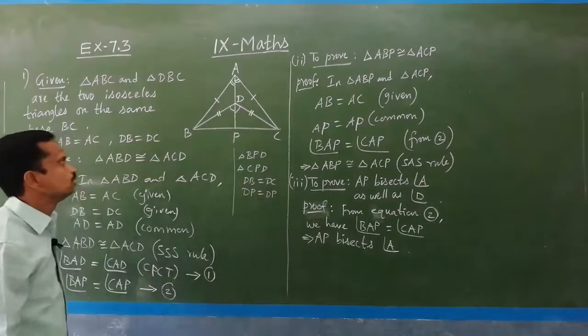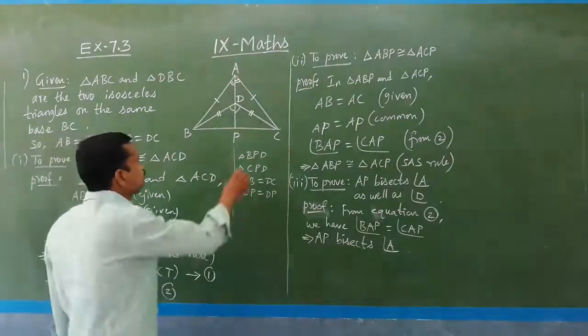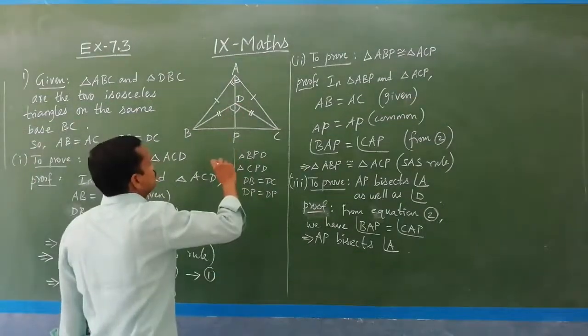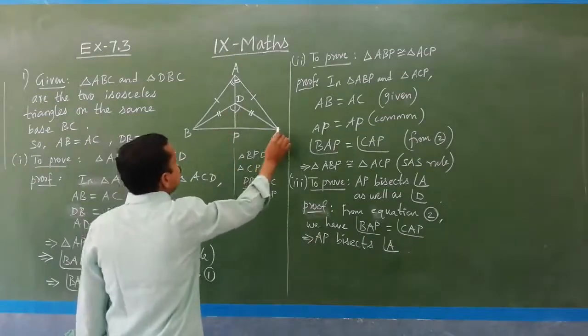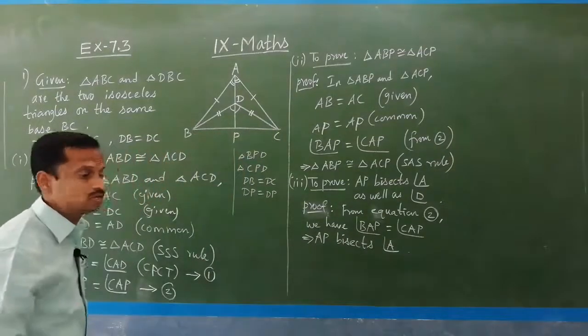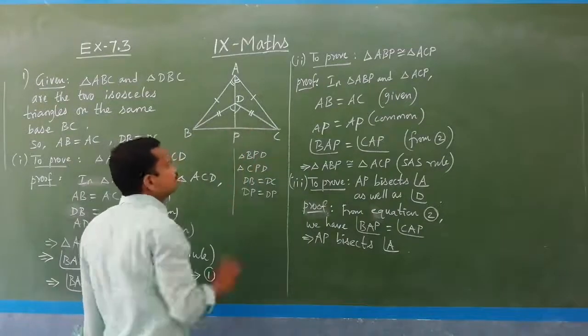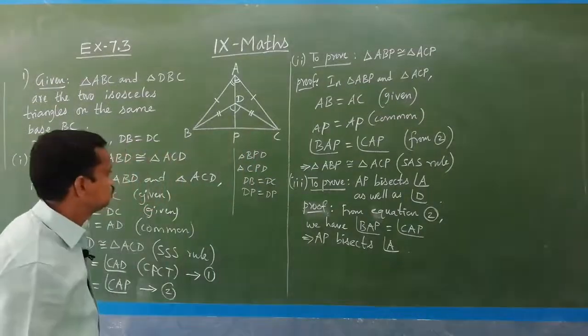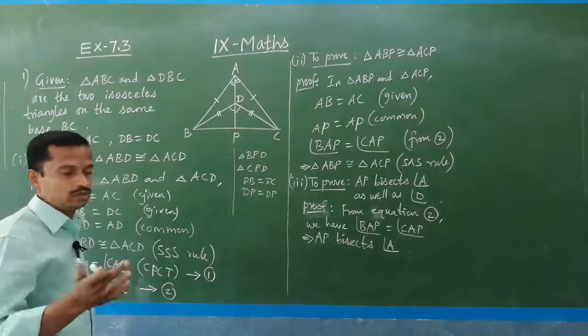One more thing we have to say: on the BC side, you see BP and PC, we have to try to say whether BP and CP are equal or not. If we can say that, then the two triangles are congruent.